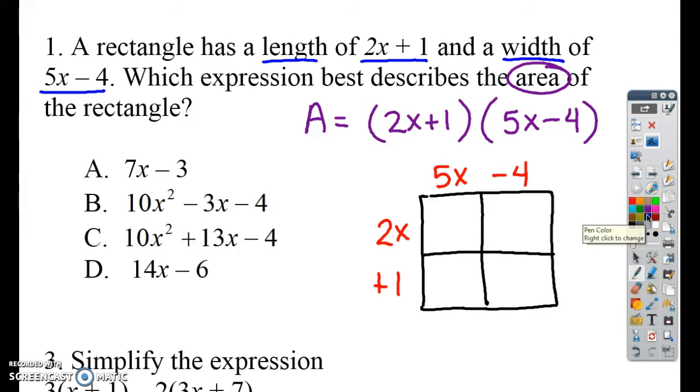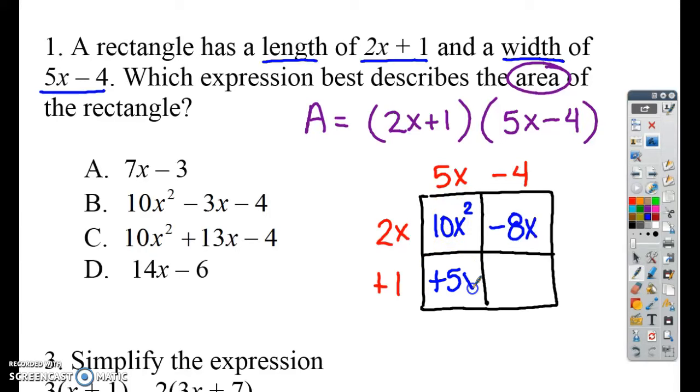So what is 2x times 5x? 10x squared. I'm multiplying in. What's 2x times negative 4? Negative 8x. What's 5x times positive 1?